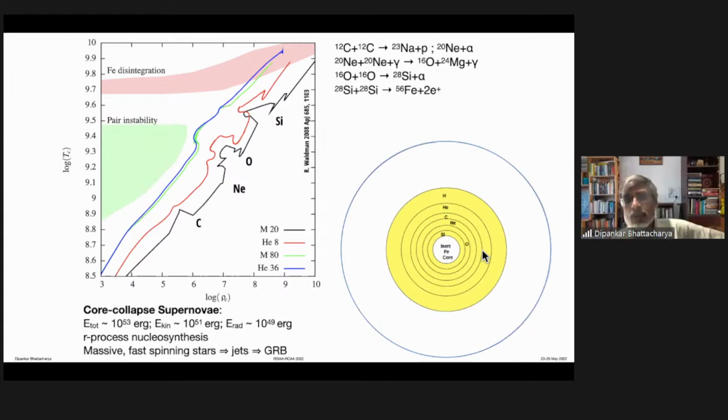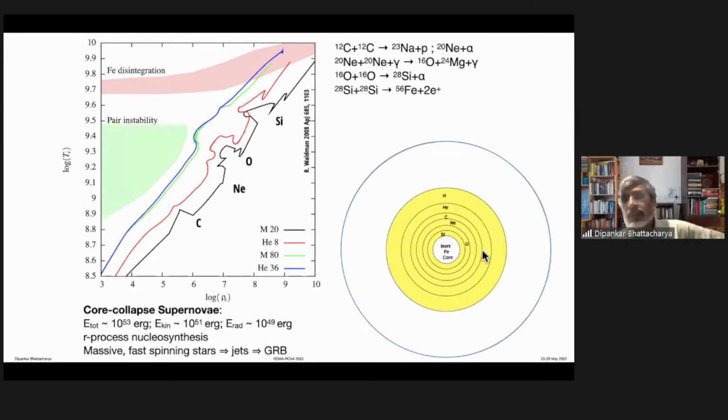And if the total mass that eventually collapses is larger than the upper mass limit of neutron stars, then the object will collapse straight into a black hole.